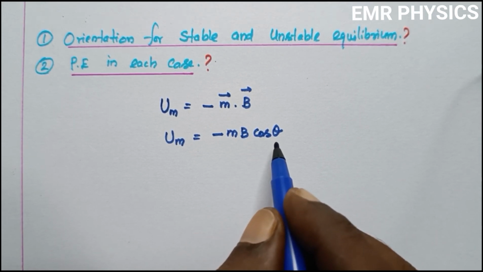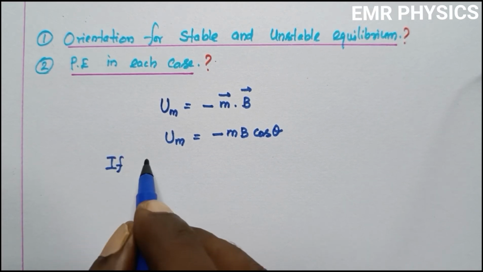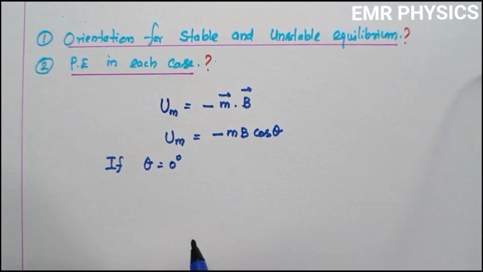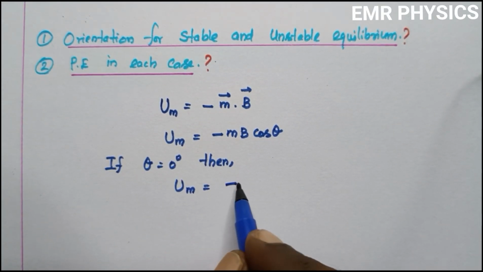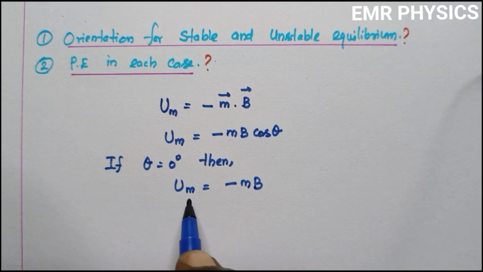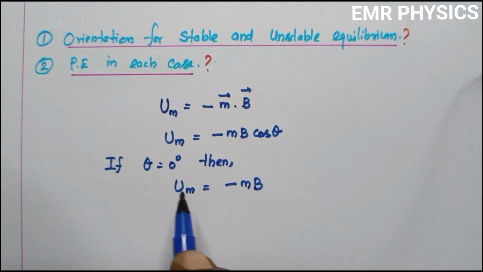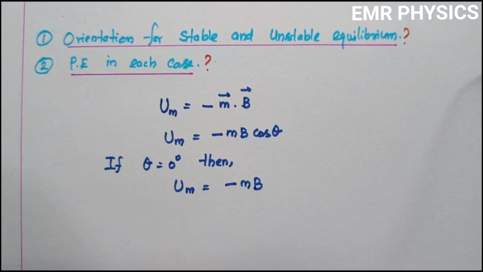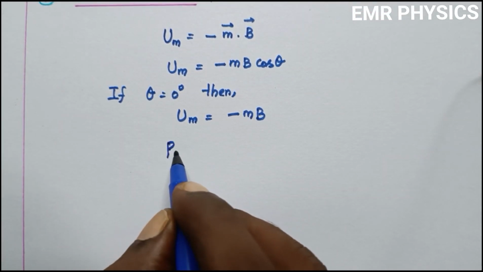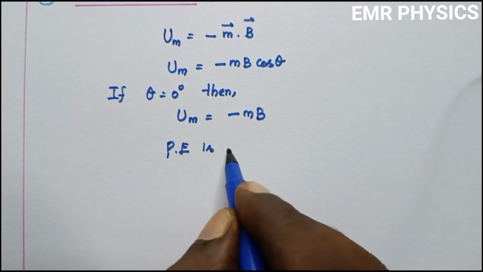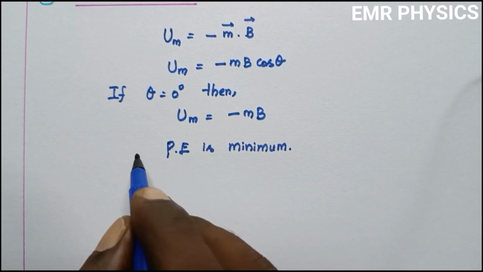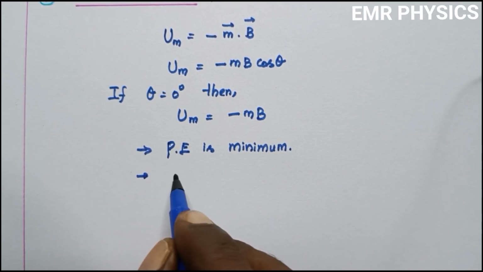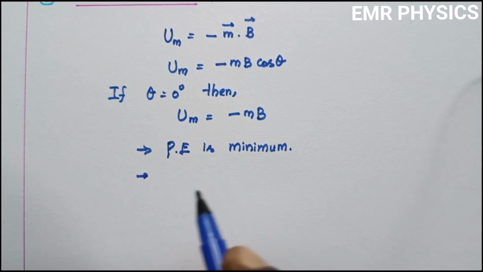If theta is equal to 0 degree, then U_m is equal to minus mb. This is the minimum possible potential energy. If the potential energy is minimum, then the bar magnet is in stable equilibrium.